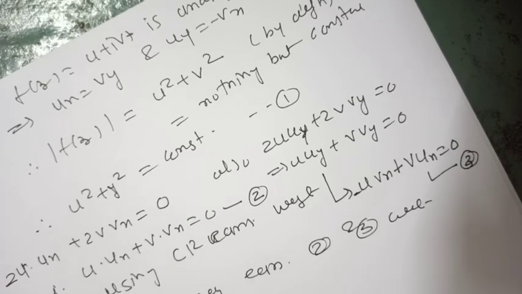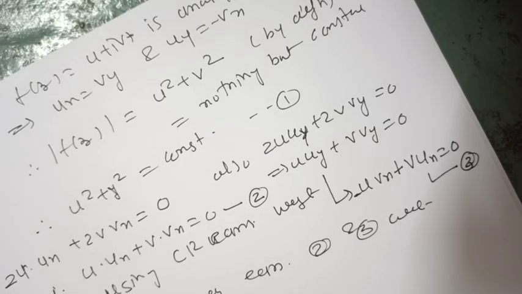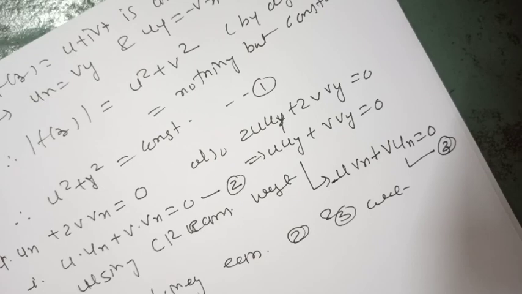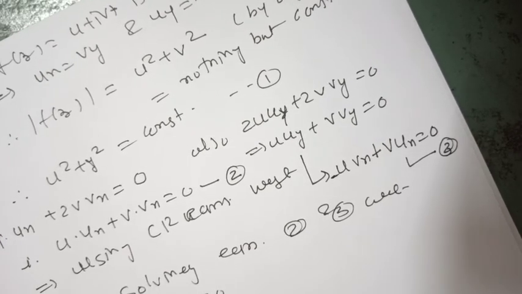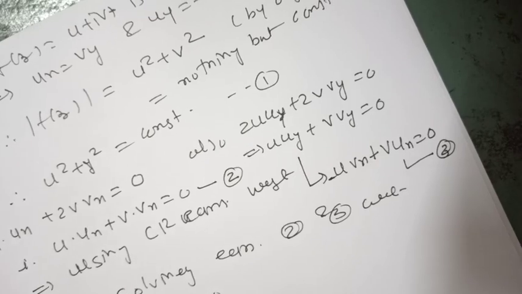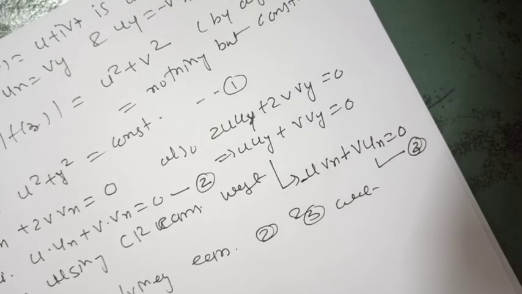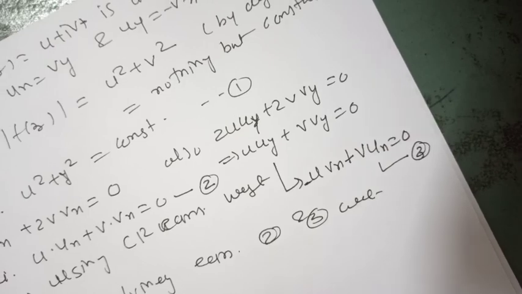Solving this, we get (u plus v) into ux plus (v minus u) into vx equals 0, or ux equals minus v vx from equation 2, so that minus u upon v into ux equals vx.